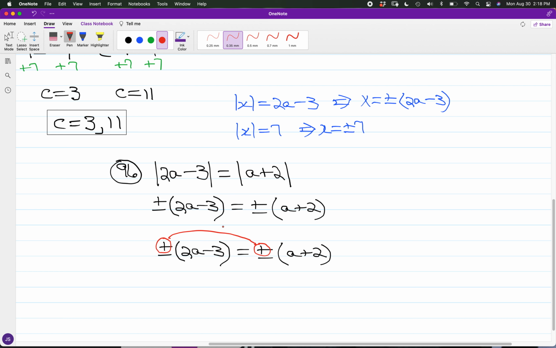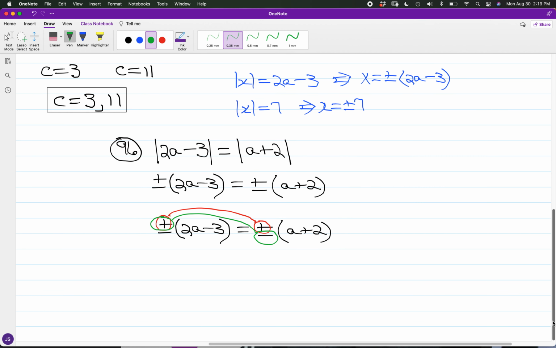And also, if I take the positive 2a minus 3, I can map this with the negative of the quantity of a plus 2. Again, there are up to 4 distinct possibilities, but the others, like the negative of this to the positive of that, and negative for both, would just be repetition of the previous 2 cases.